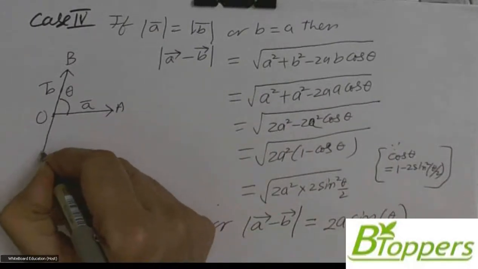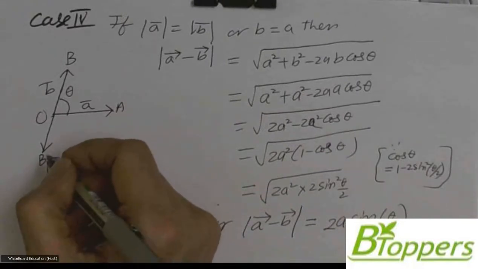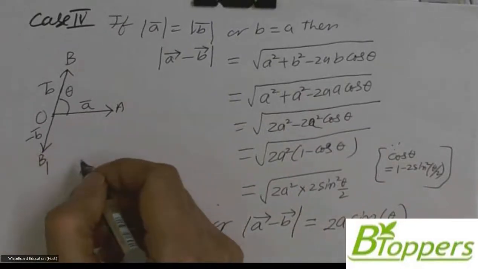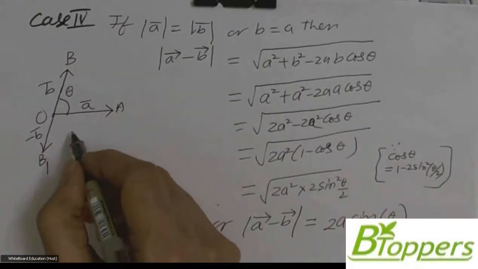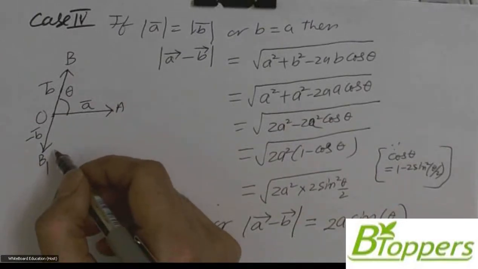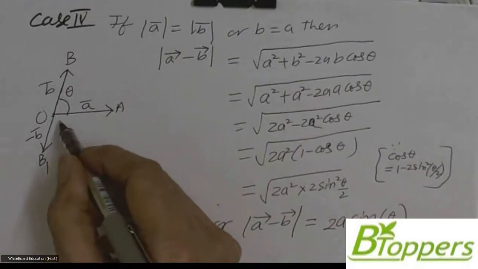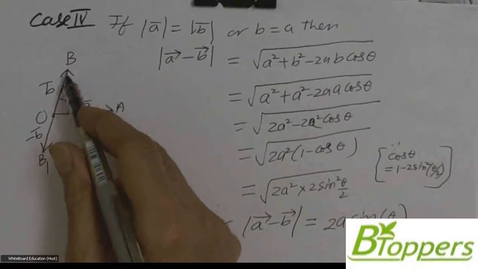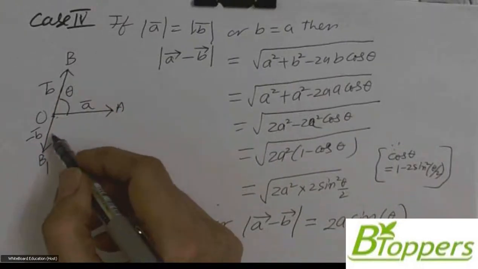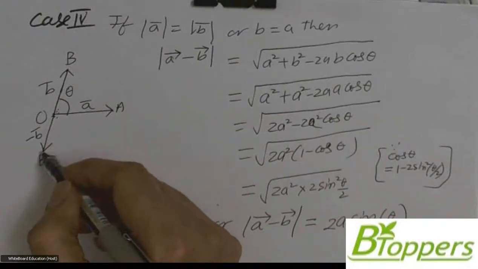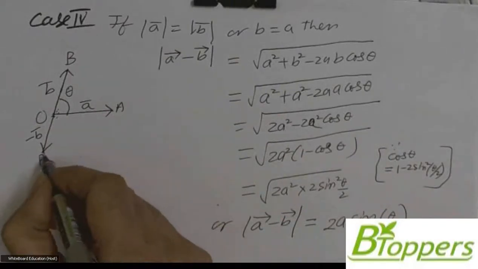From the definition of negative vector, the vector minus B bar will have the same magnitude as the vector B bar, but acts in opposite direction. That means the length of this line OB1 is the same as the length of the line OB. The direct line segment OB1 bar represents the vector minus B bar.